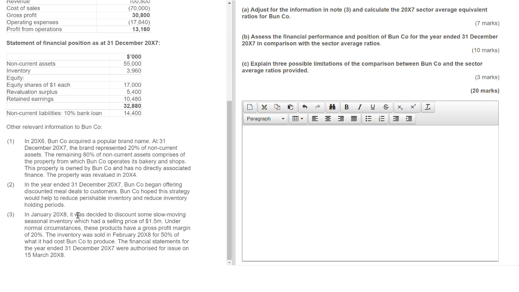So therefore its NRV is going to be less than its cost. So we need to work out what that NRV is and then make the necessary adjustment. So that's where the fun all begins, isn't it? So part A. What I'd do is go back and look at my cost structures.